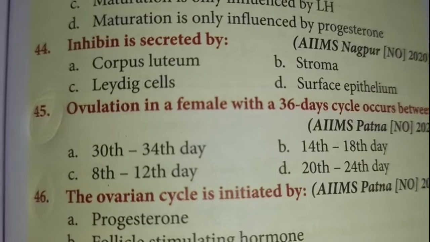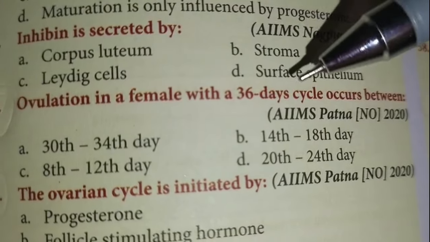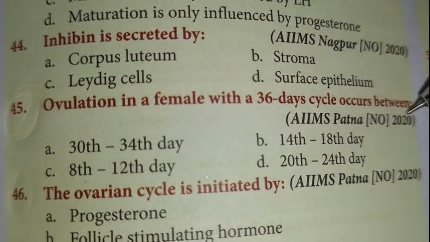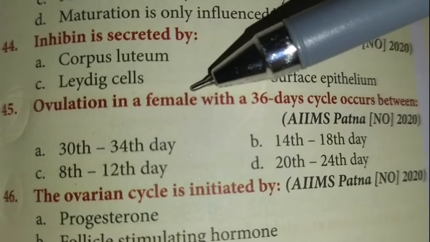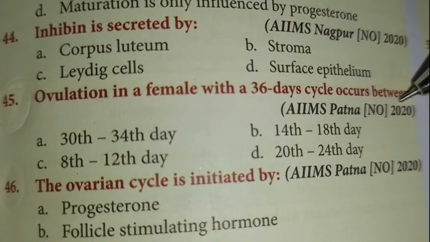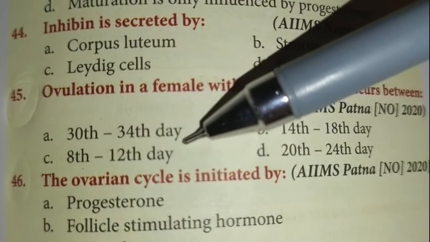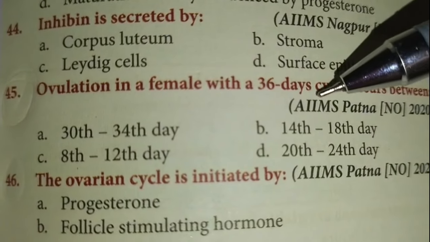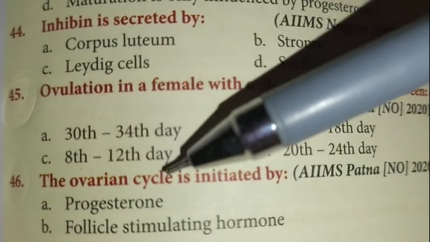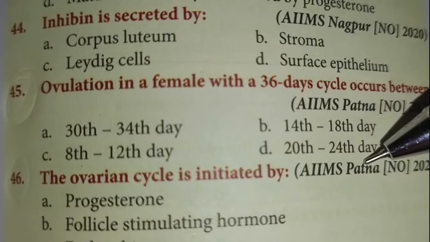And the next important question is, ovulation in a female with a 36-day cycle occurs between option A, 30 to 34 day, option B, 14 to 18 day, option C, 8 to 12 day, and option D, 20 to 24 day.